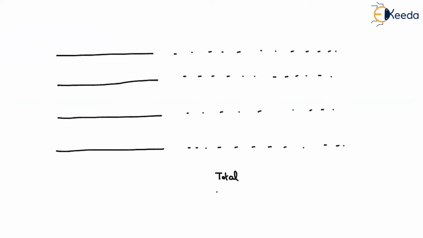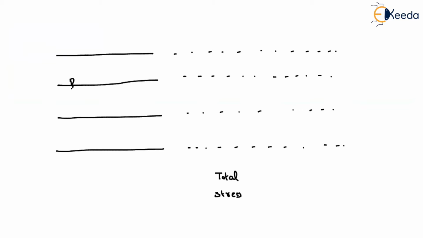Okay, first let me draw the diagram again. Here we have to find the total stress diagram, pore water pressure, and also the effective stress. Let us first talk about the total stress diagram.